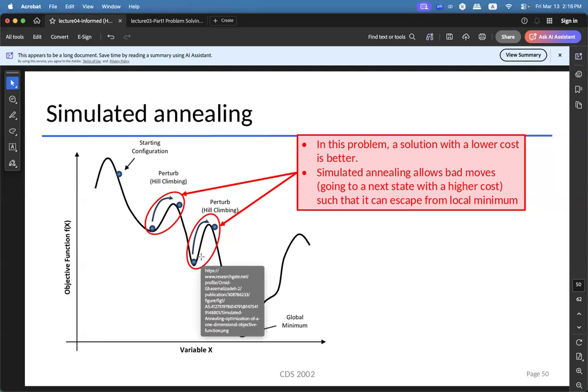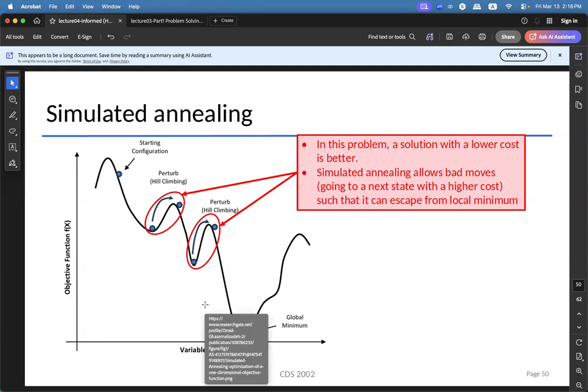If we are running hill climbing, we will stop right here, because at this position, moving left or right will increase the value, and this problem requires us to get a smaller value.